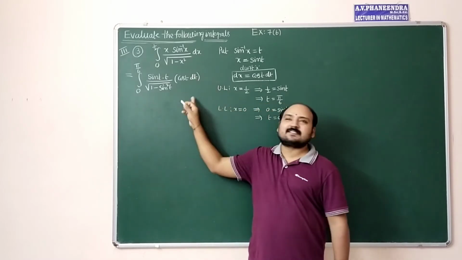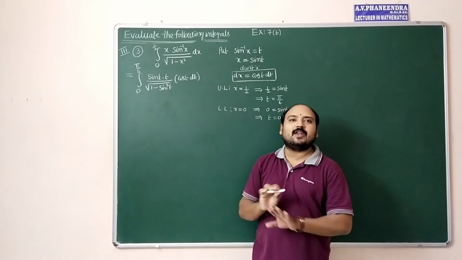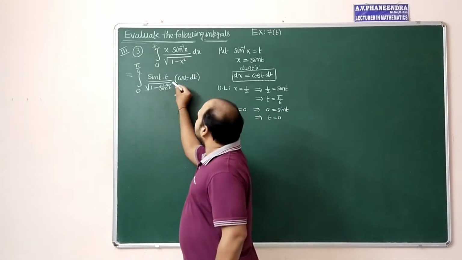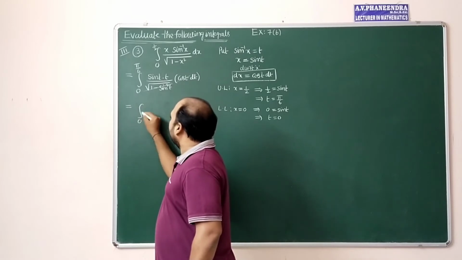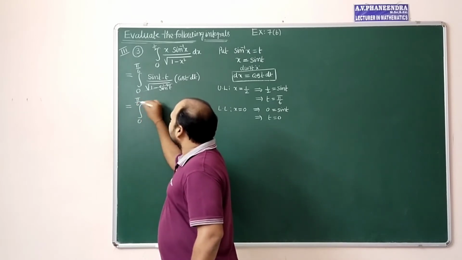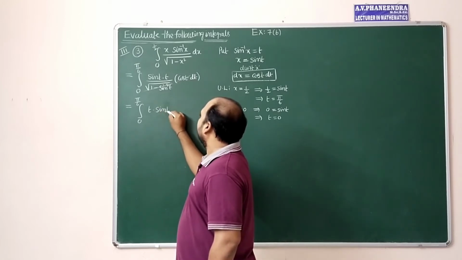Root of 1 minus sin square t means cos t only, no? So here cos t, we can cancel it. So this value we can cancel it. Integral 0 to pi by 6 t into sin t into dt.